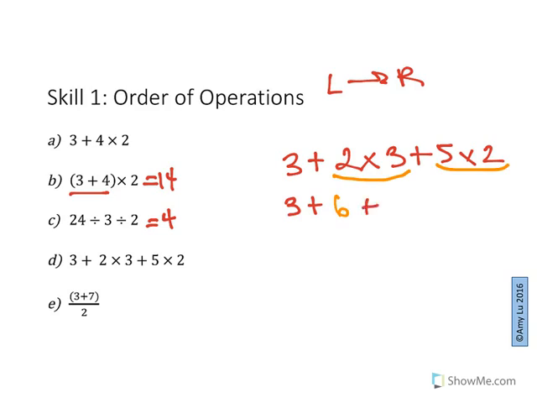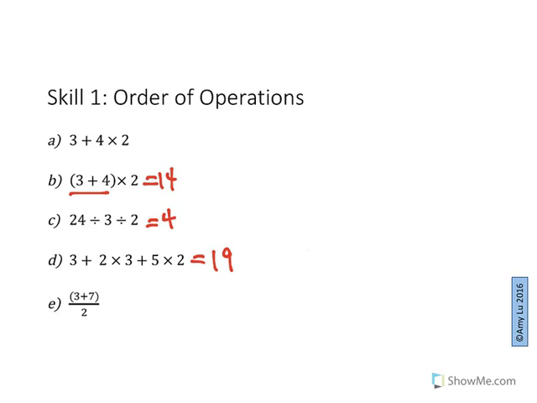Plus 5 times 2 is 10. Okay, multiplication, division, done. Addition, subtraction, yes. Left to right. 3 plus 6 is 9. 9 plus the leftover 10 is 19. So my answer here is 19.